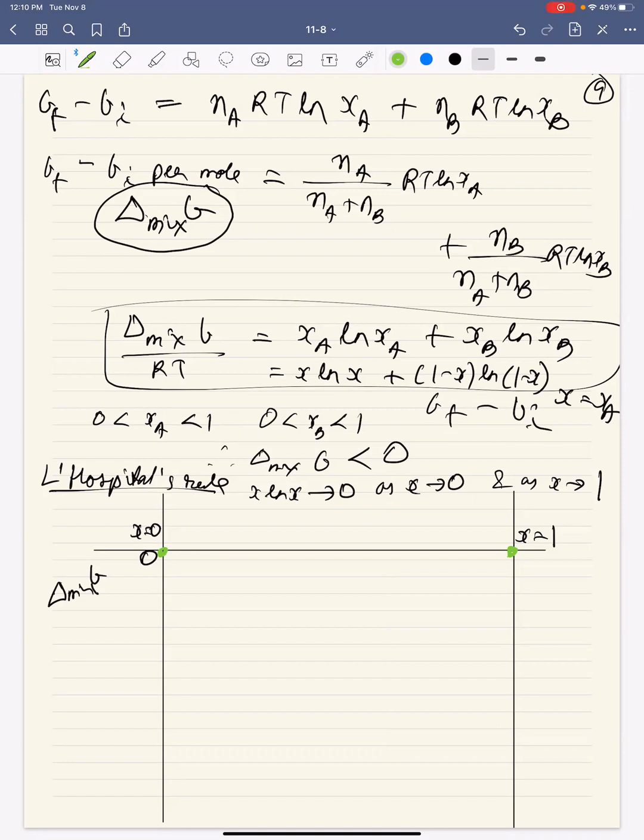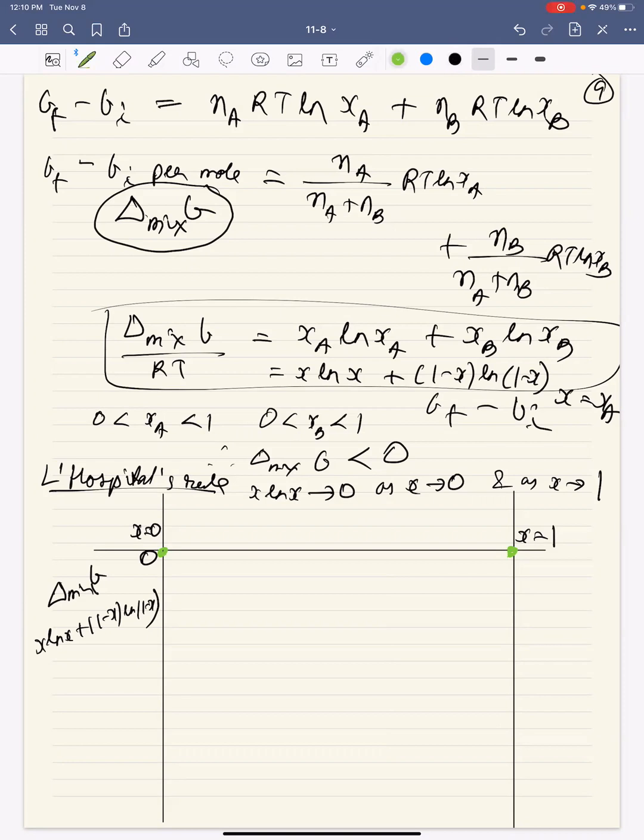Let's calculate that. So we have X ln X plus 1 minus X. I will start from this curve last time because it is so important. You will find that the slope is actually minus infinity at both ends.